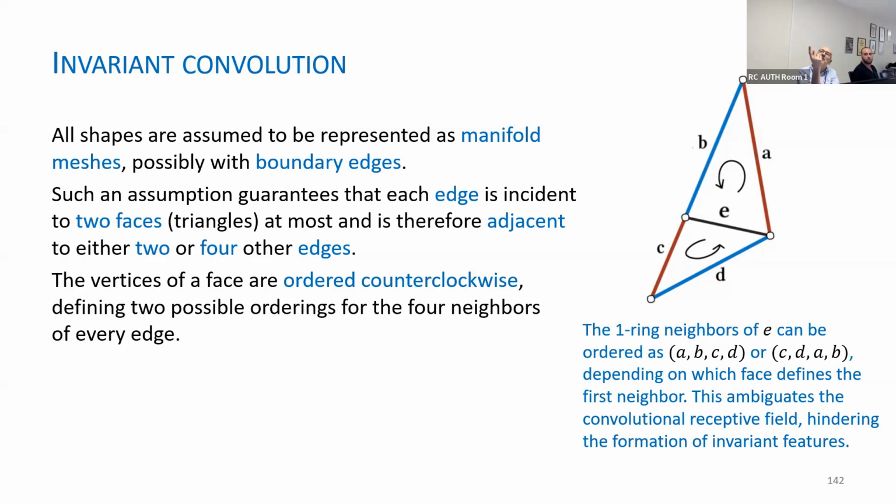So you see we have A, B, C, and D. The ordering goes around the one ring. Of course, we have potentially different orderings because we can start from a different point. So the other idea is to make the operation independent from this order.